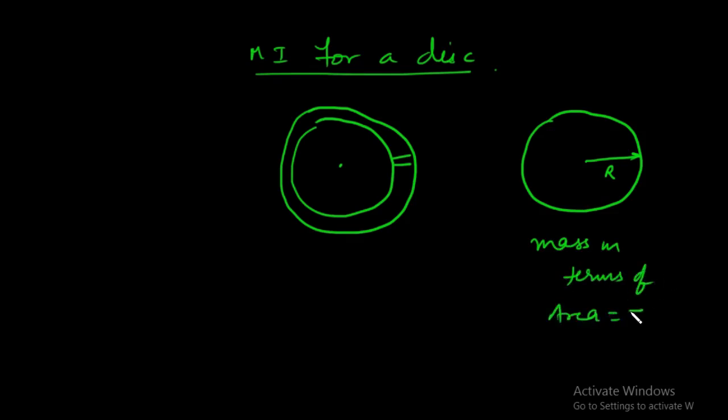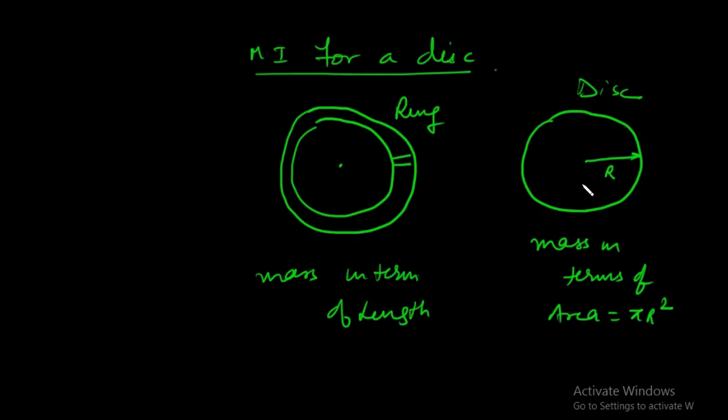What is area? Area is pi r squared. Here we took mass in terms of length because mass was distributed along the length. Inside there was hollow. This is the ring and this is the disk. So for a disk, we will assume mass in terms of area.